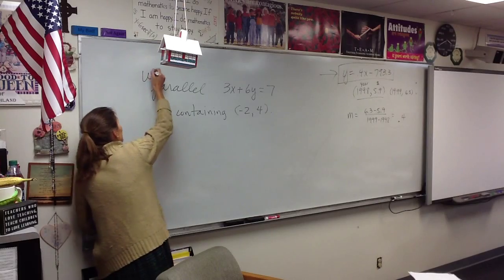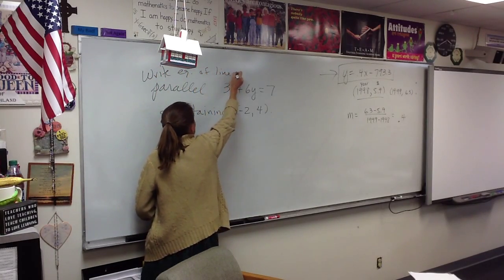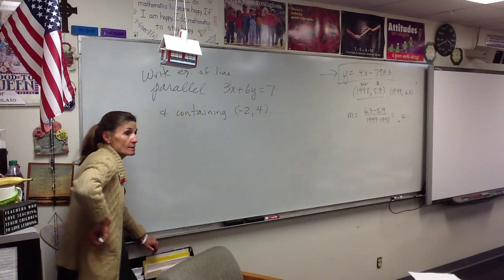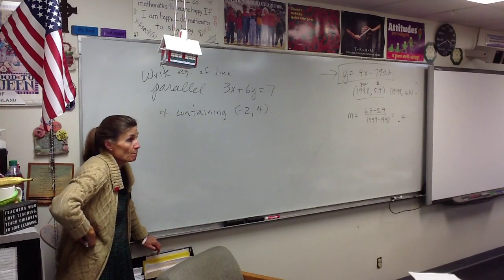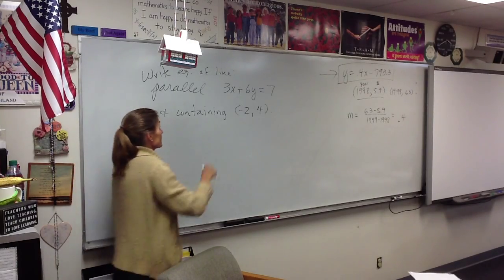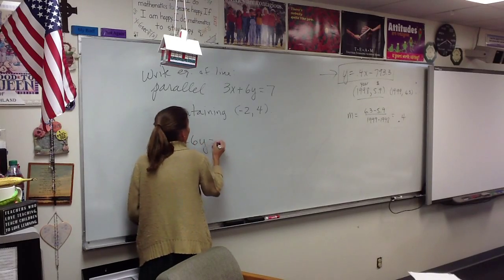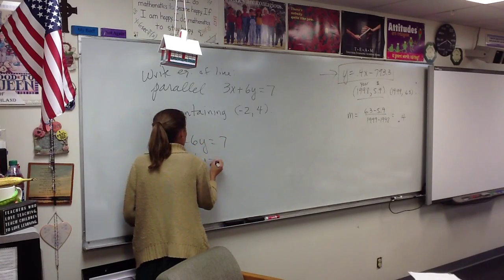So the directions say write the equation of the line. Since you all know how to do this, somebody tell me how to start. Get y by itself first. Take the equation you've been given and get the y by itself.